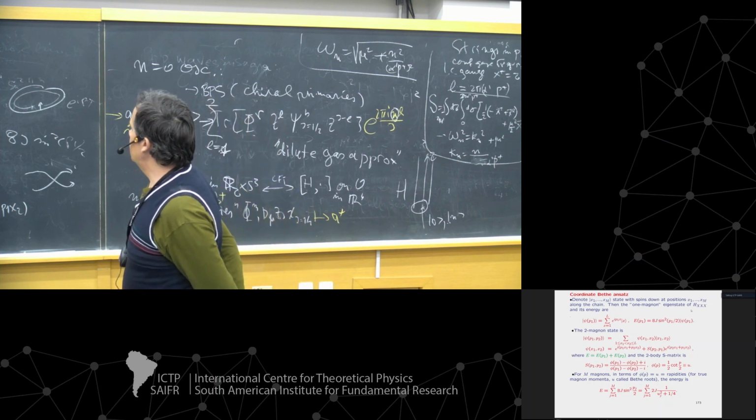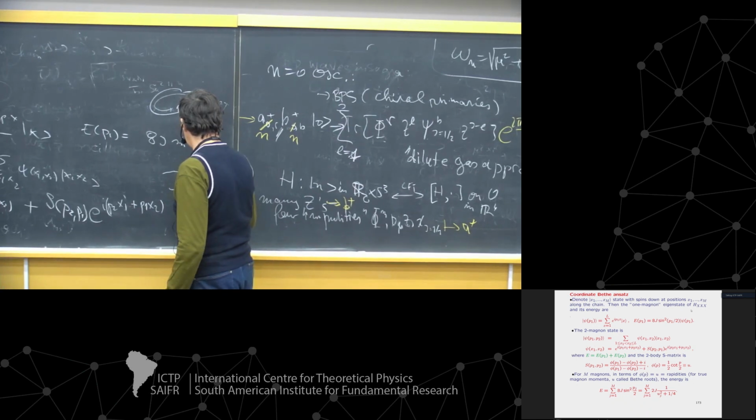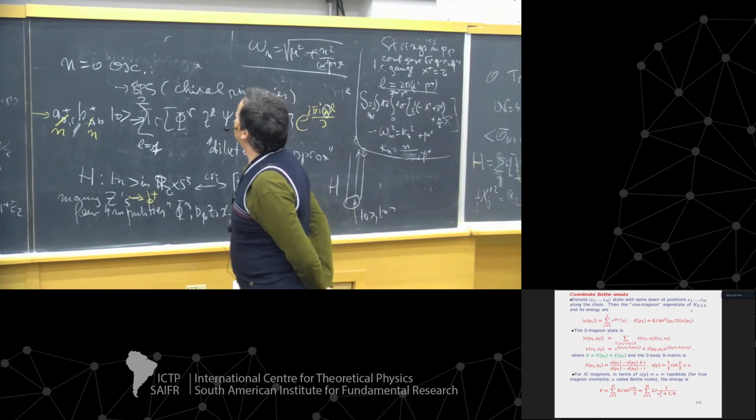You put this into the Schrödinger equation, and you find that the energy is actually the sum of the energies of the two magnons.